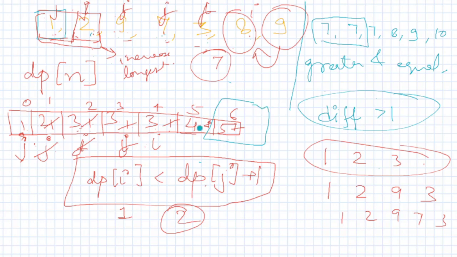That could be a confusion for many, that you will consider the last element as the maximum length. No, the maximum length is the maximum of all the elements in this. So the max of dp of I. The maximum value gives us the maximum length. I hope this is clear.